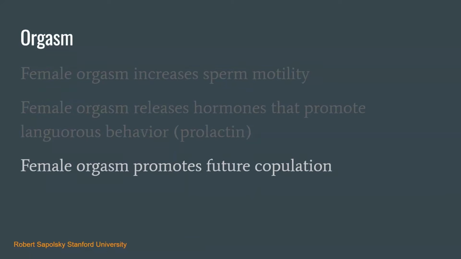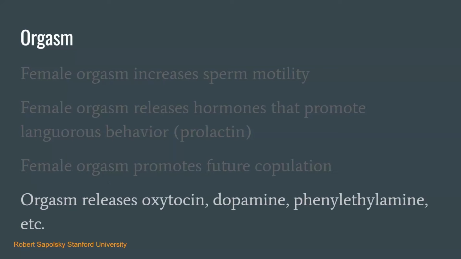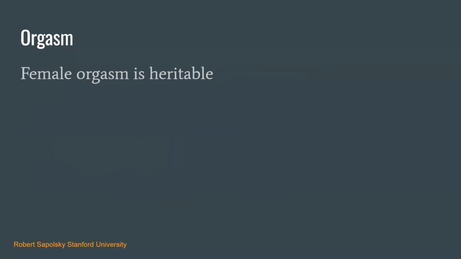And a female orgasm, obviously, it feels good. Let's do it again. And even for the female, it releases oxytocin, dopamine, phenethylamine with the same results. And it turns out that the female orgasm is heritable. So if you have an orgasm easily as a female, then your offspring will probably have orgasms easily as well.